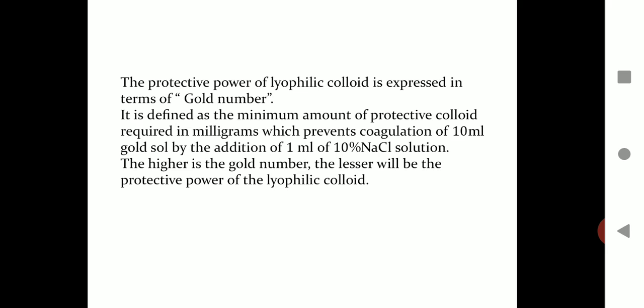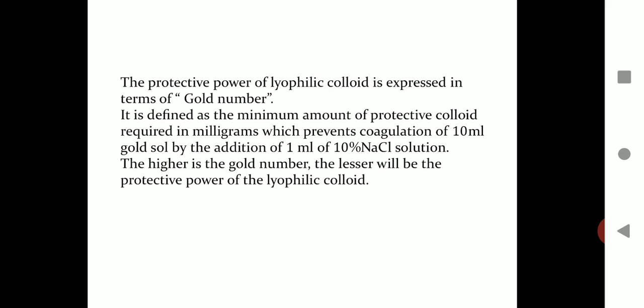And the power of protection of these lyophilic colloids can be expressed in terms of gold number. So what is gold number? It can be defined as the minimum amount of protective colloid which is required in milligrams to prevent coagulation of 10 milliliters of gold sol by addition of 1 milliliter of 10% NaCl solution.